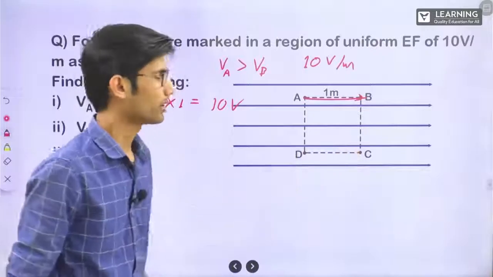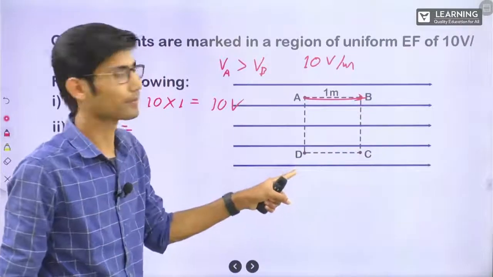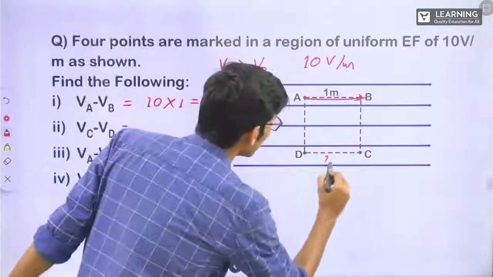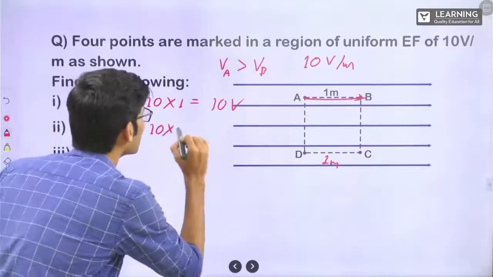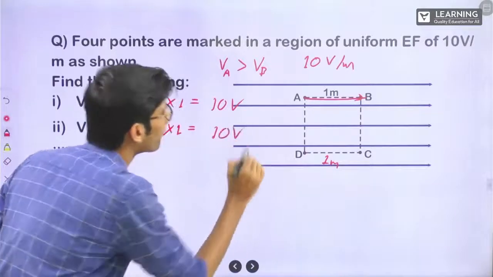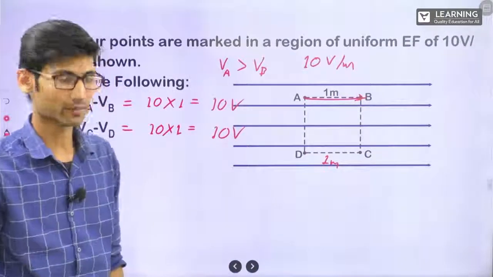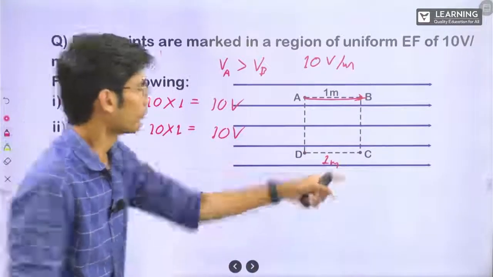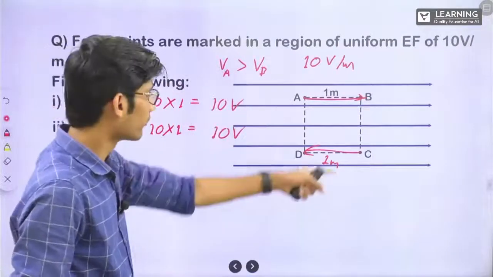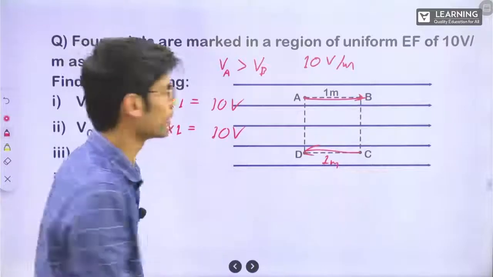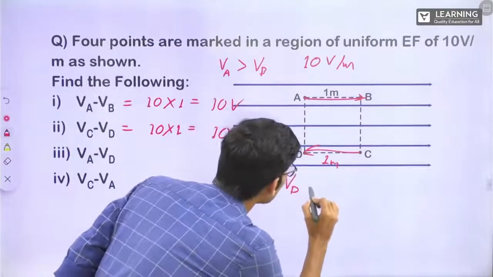Now, VC minus VD. VC, VD. Now from here we are coming here. Again, this is 1 meter, E is 10 volt. So 10 into 1, that is equal to 10, not a problem. But whether it will be plus 10 or minus 10. Again, see, this time we are moving from C to D. We are moving opposite to electric field. VD will be greater than VC, correct?